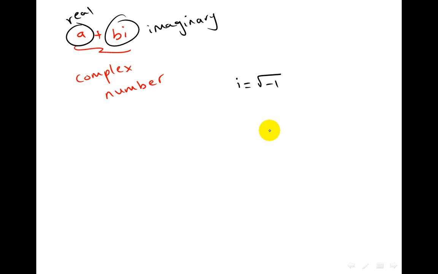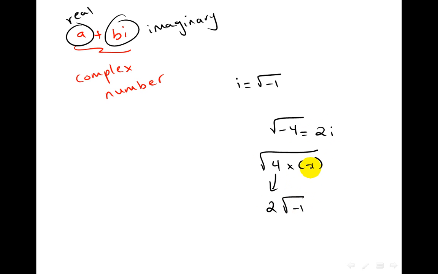For example, the root of -4 is 2i, because the root of -4 means the root of 4 multiplied by -1. The 4 goes out as 2, and you're left with the root of -1, which gives you 2i.